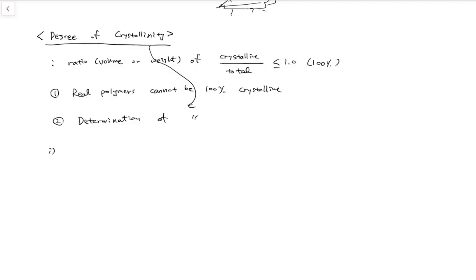Okay. So the first method is based on density. Okay.